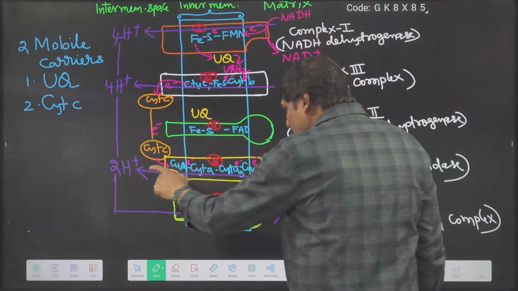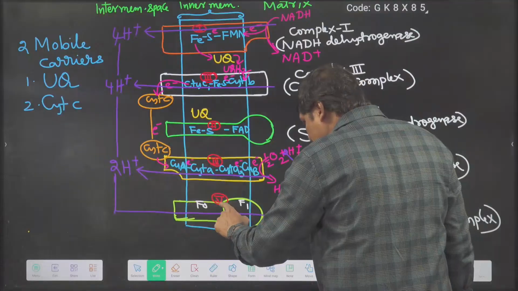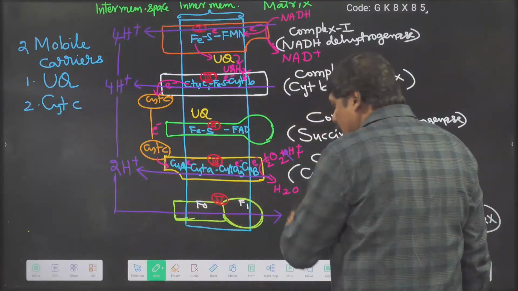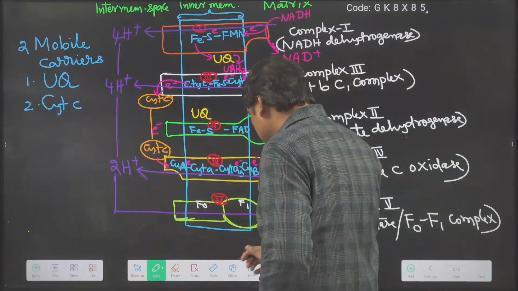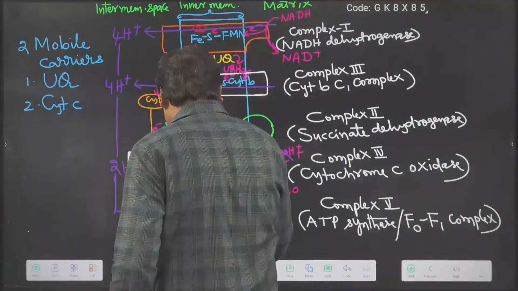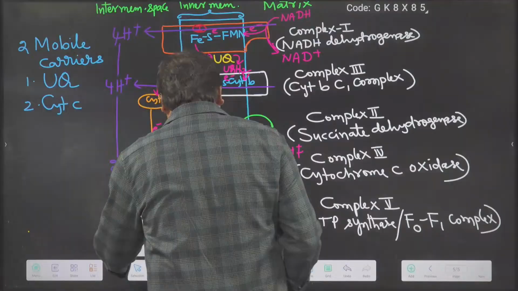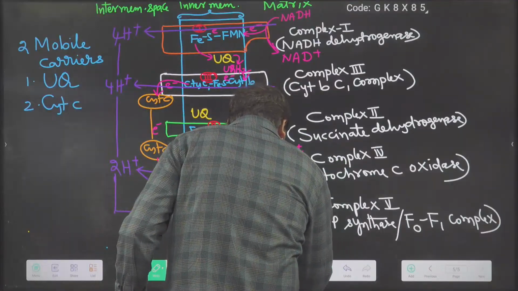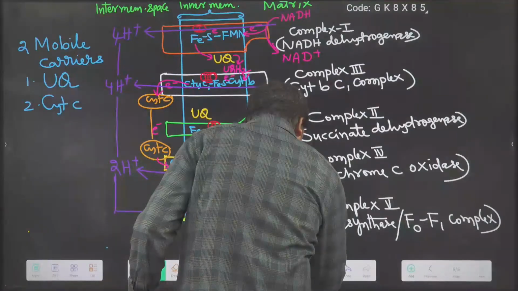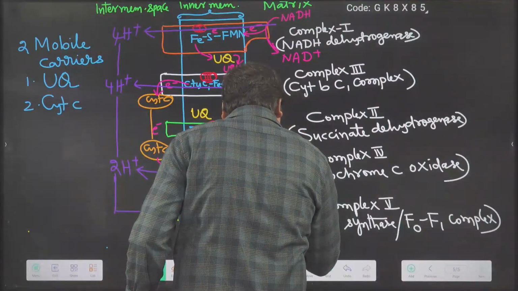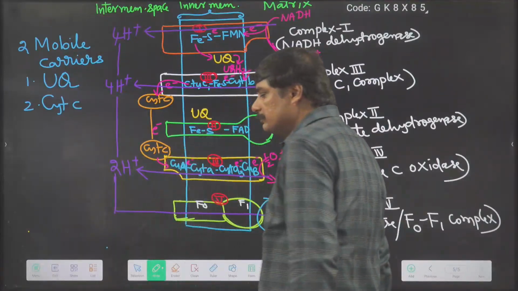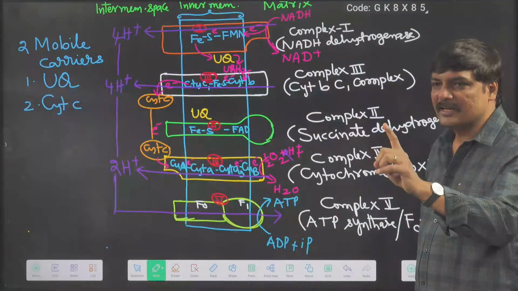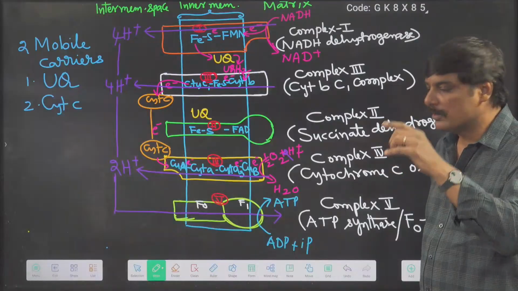So when protons are transported across this 5th complex, first into F0 then into F1, in the F1 energy is liberated. Using that energy, ADP combines with inorganic phosphate and forms ATP. So in the 5th complex, ATP is formed.